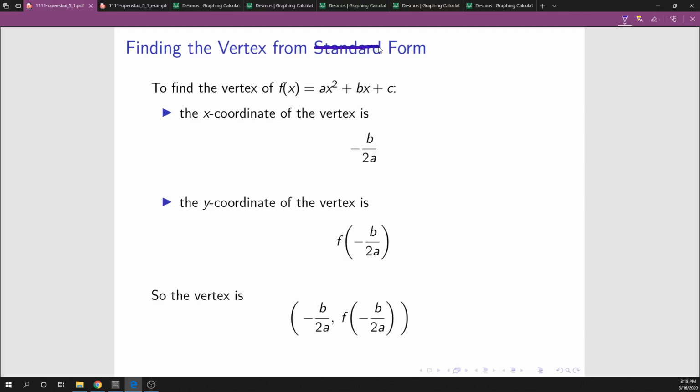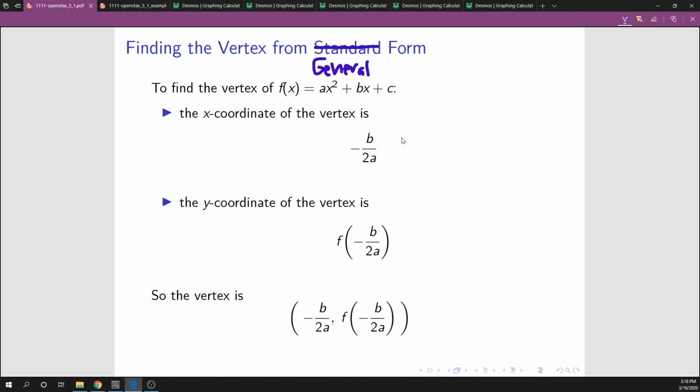I'm used to calling this the standard form and the other form the vertex form, but our book kind of reverses that. So the general form is ax squared plus bx plus c. The x-coordinate of the vertex is minus b over 2a.